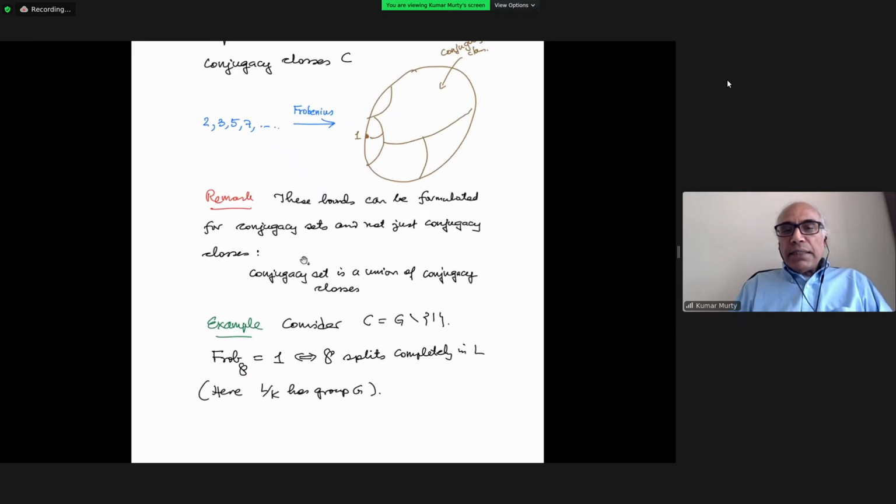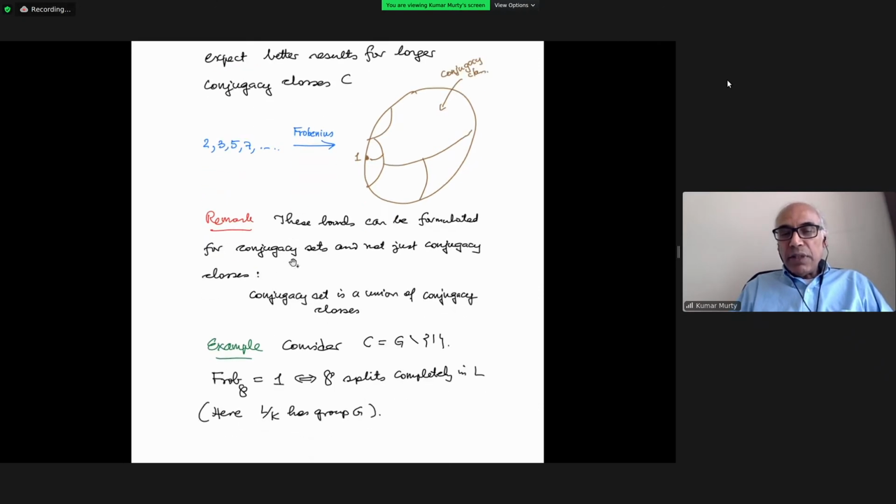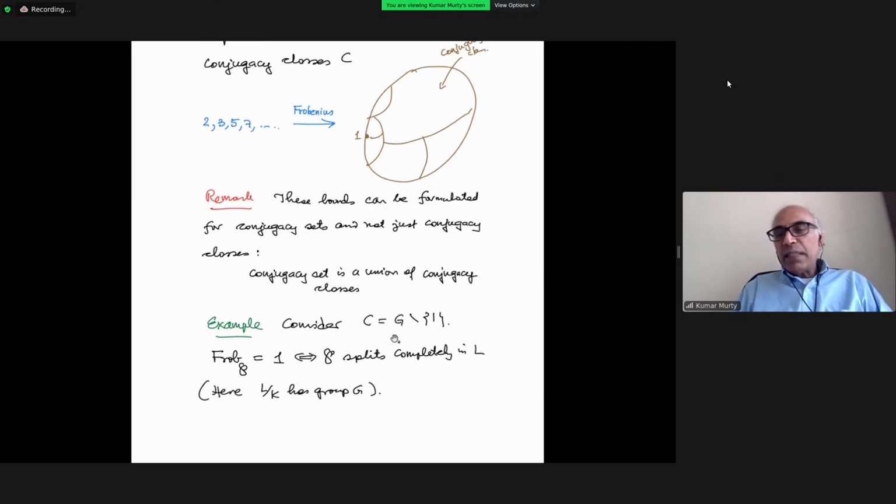Okay, and as I said, all of these bounds can be formulated for conjugacy sets and not just conjugacy classes. And by the way, sometimes this makes a difference. In some applications, this particular point of view makes a difference. I want to show you one instance where you can actually get exactly what I was asking for. Namely, you can show that the bound gets better as the conjugacy class gets bigger. So what I did, some years ago, was take the biggest possible conjugacy set.